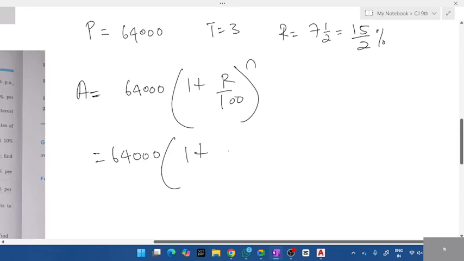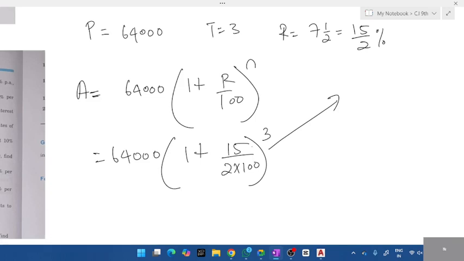And R is 15 divided by 2, and that 100 remains as it is, to the power 3. It is very simple. You don't have to do year by year. Year by year takes a lot of time. Try this question, take LCM and solve it. If you practice 3 to 4 questions, you'll feel this is easier.